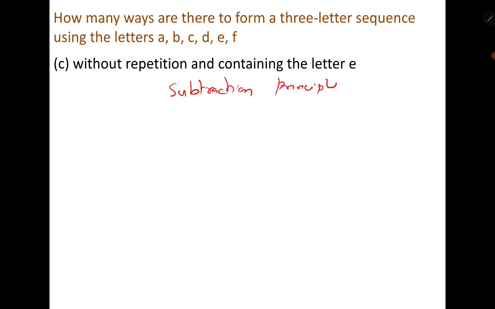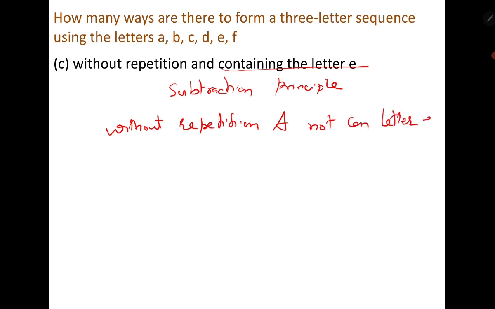The subtraction principle says that we need to compute containing letter E, but I can consider the complementary problem: without repetition and not containing letter E. If letter E is not allowed, only 5 letters are available, and it's without repetition, so 5 cross 4 cross 3.